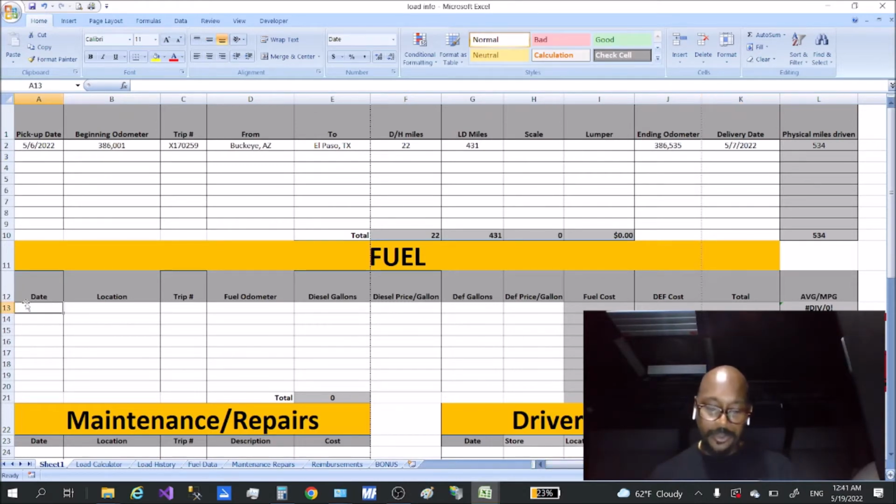I did put fuel, but I'm not going to put the fuel information in here because they had already taken the fuel out from my last week's pay. But I never got paid for delivering the load because I never scanned in my bills. So I'm not even going to put the fuel for this particular load. However, I will put the fuel on my next load that I will enter in here.